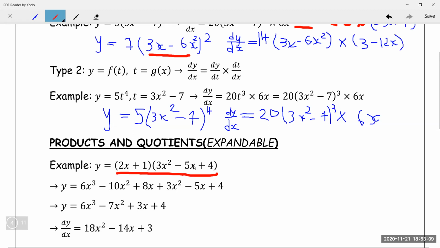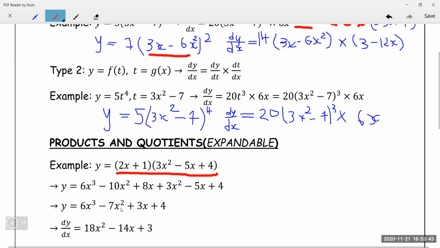So expand it, we get 2x times 3x squared is 6x cubed, 2x times minus 5x is negative 10x squared, 2x times 4 is 8x, 1 times 3x squared is 3x squared, 1 times minus 5x is minus 5x, 1 times 4 is 4. So we get 6x cubed, then minus 10x squared plus 3x squared is minus 7x squared, then 8x minus 5x is 3x, plus 4.